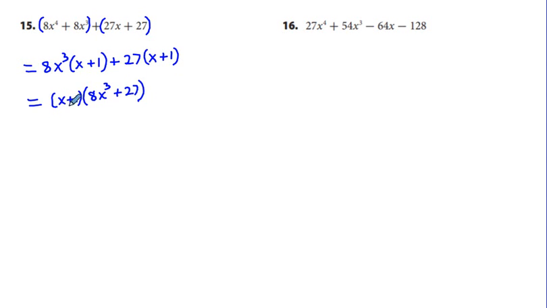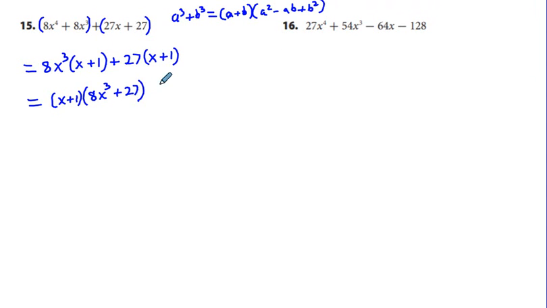Now, in this 8x cubed plus 27, do you recognize something here? Well, you should. You should recognize this as a sum of cubes. And so, in the sum of cubes, you might recall if you have a cubed plus b cubed, that's going to be equal to quantity a plus b times quantity a squared minus ab plus b squared.